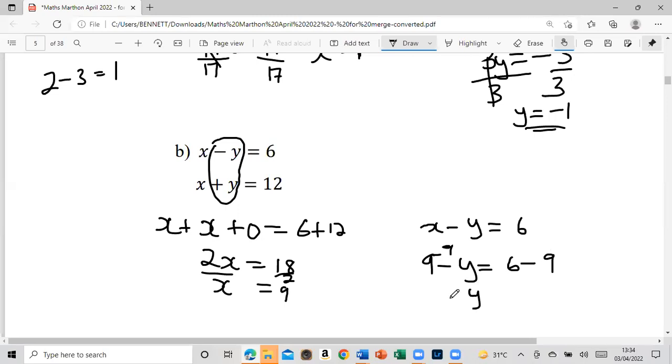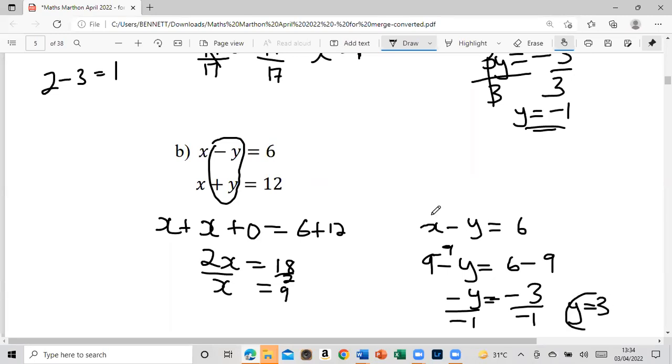But it's a negative y, guys, so be careful. Negative 6 minus y, that's a negative 3. But because it's a negative y, we divide by negative 1, and what we do to one side, we do to both sides. So y equals positive 3.